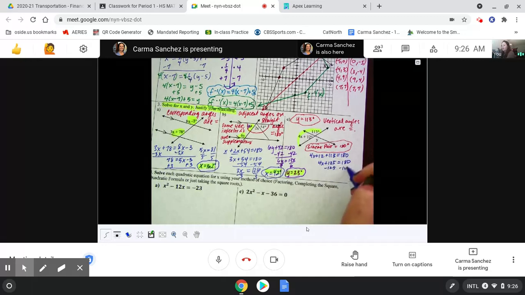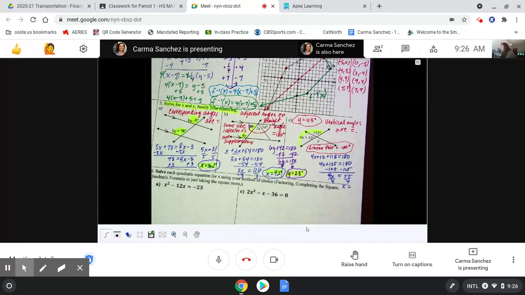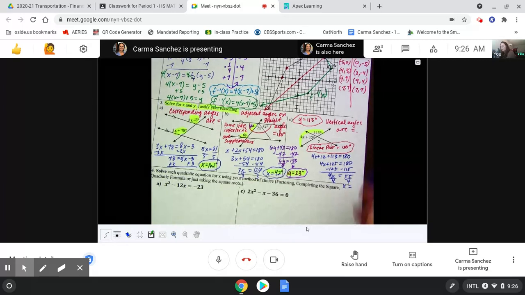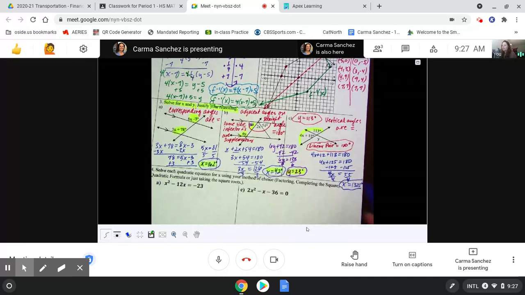Subtracting 125 from both sides. 180 minus 125 gives me 55. Dividing by 4, I get 13.75 degrees.